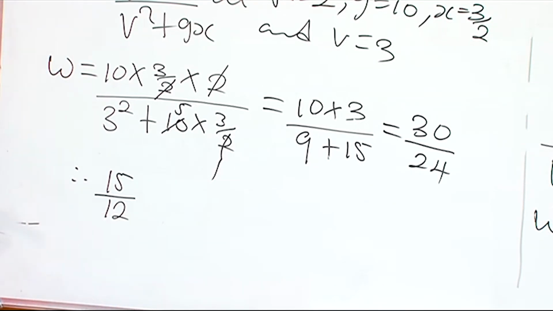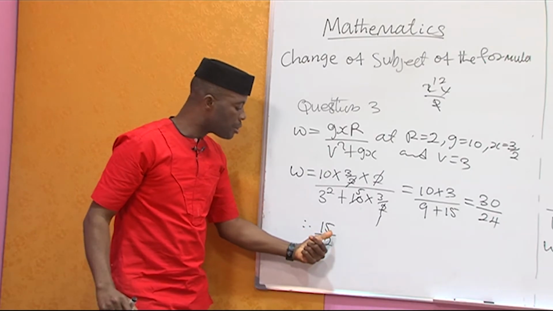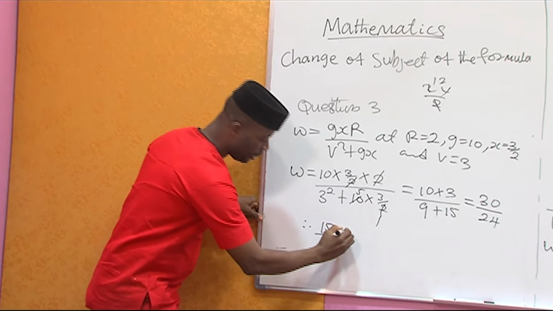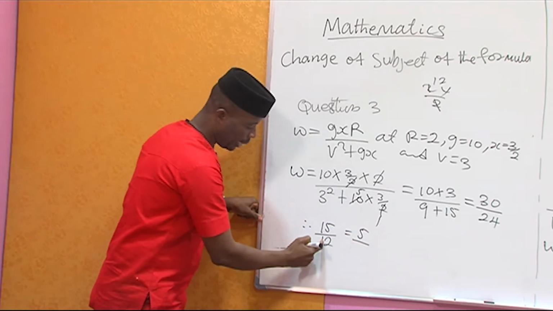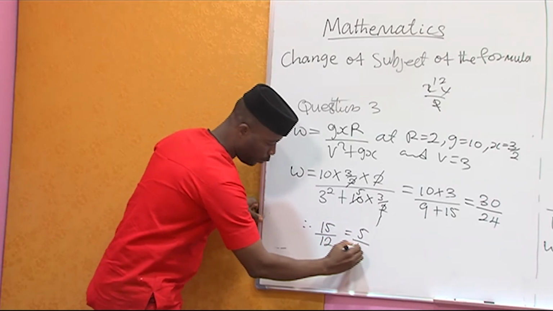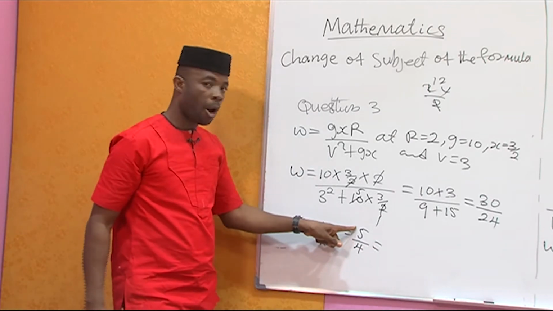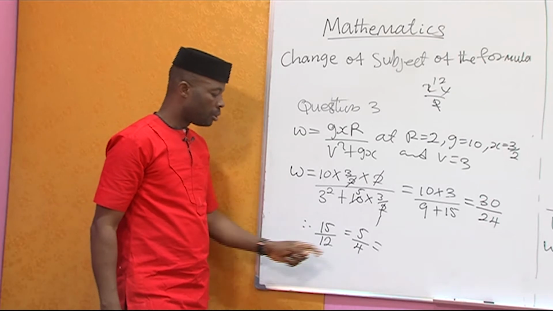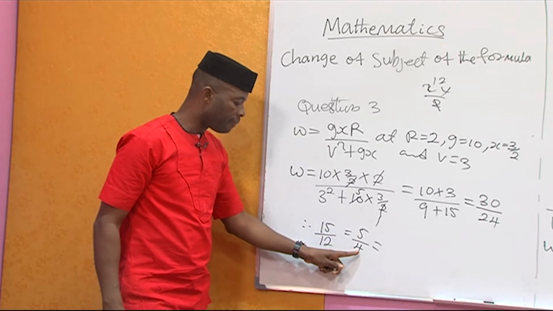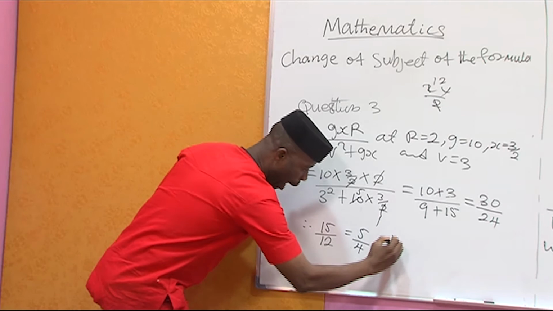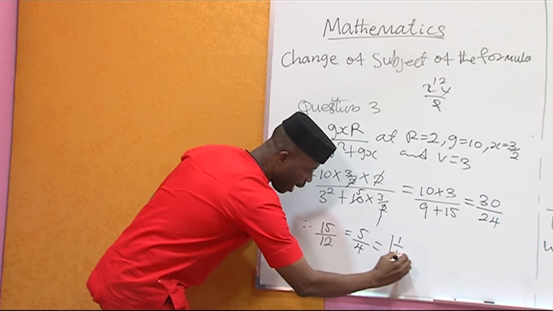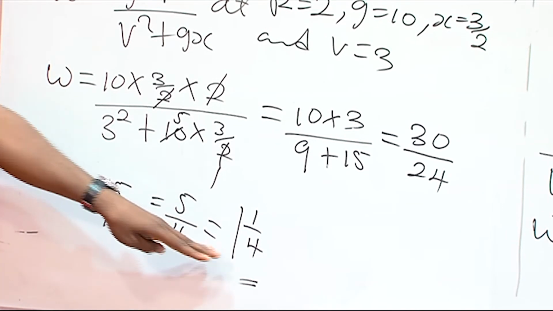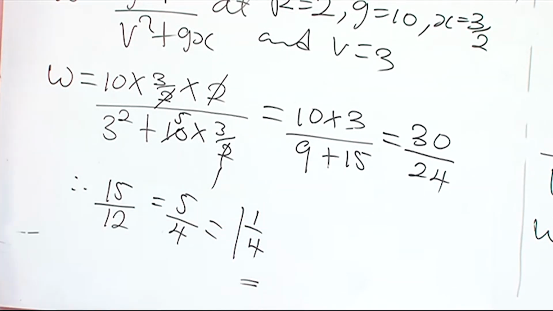Now I want to use 3 to divide again. 3 into 15 is 5, 3 into 12 is 4. Now this is an improper fraction. We convert it to a mixed fraction. So 5 divided by 4 will give us one whole number 1 over 4. This is the final answer. W equals to one whole number 1 over 4.